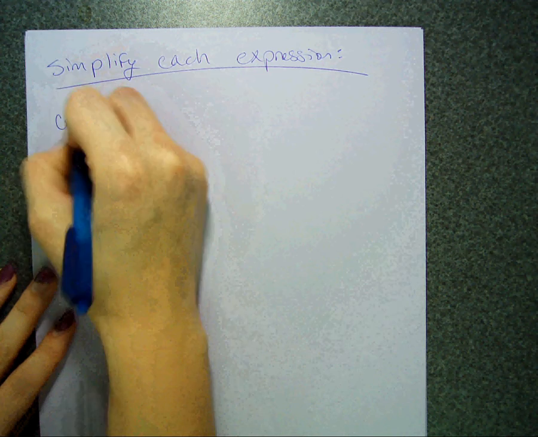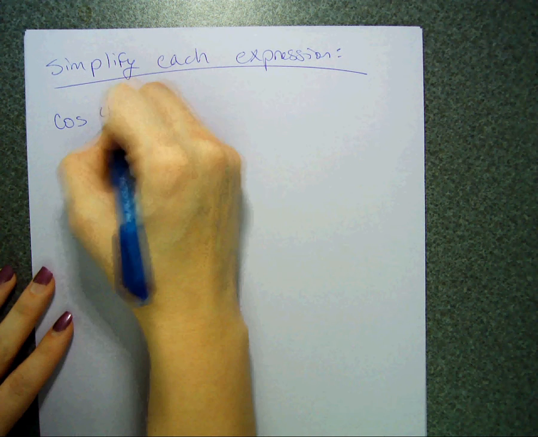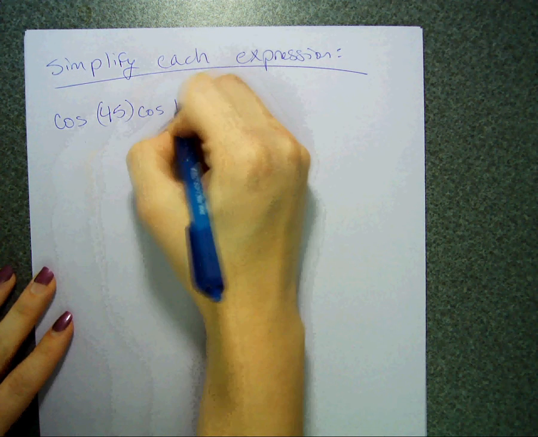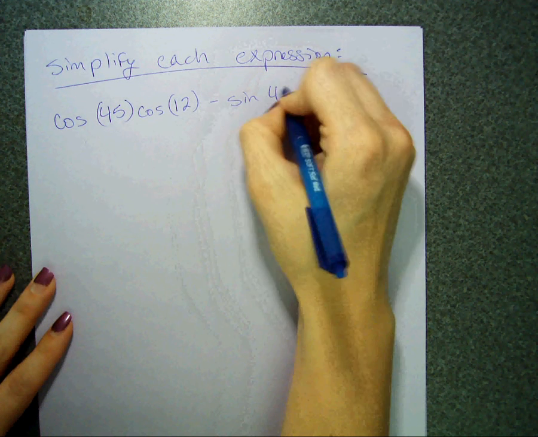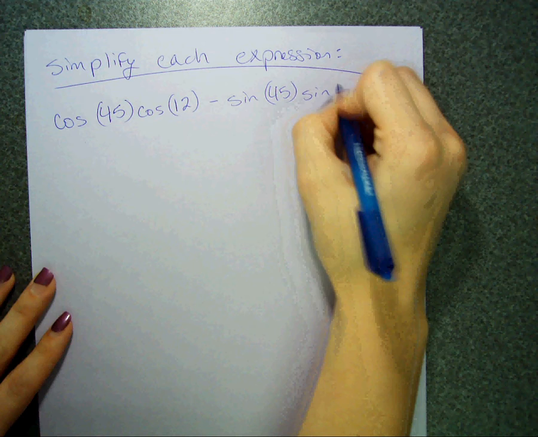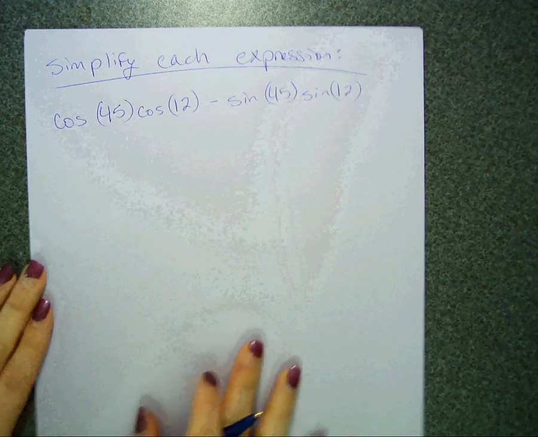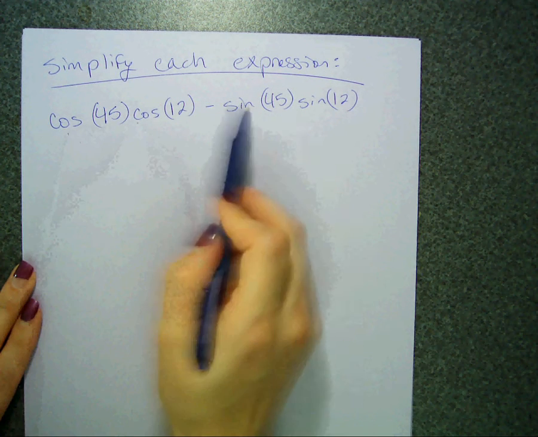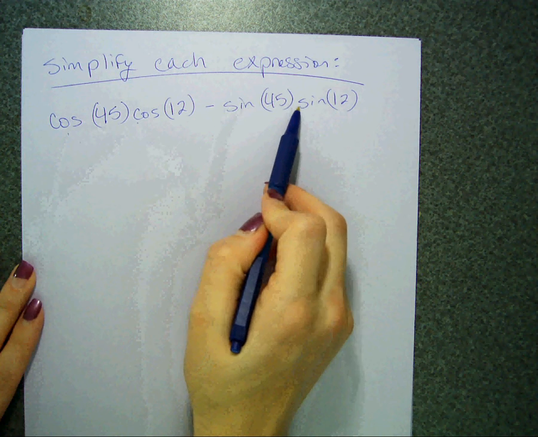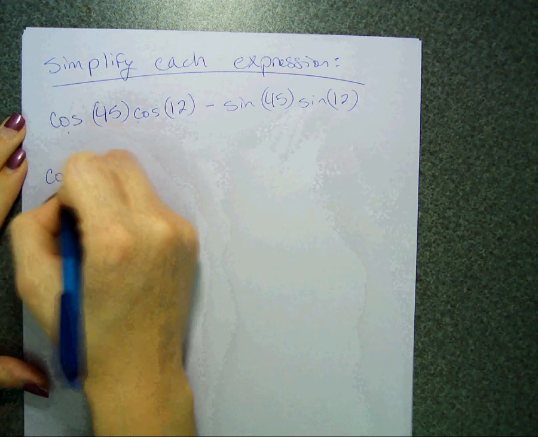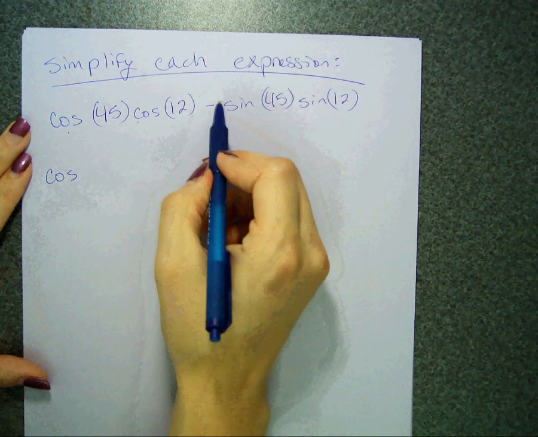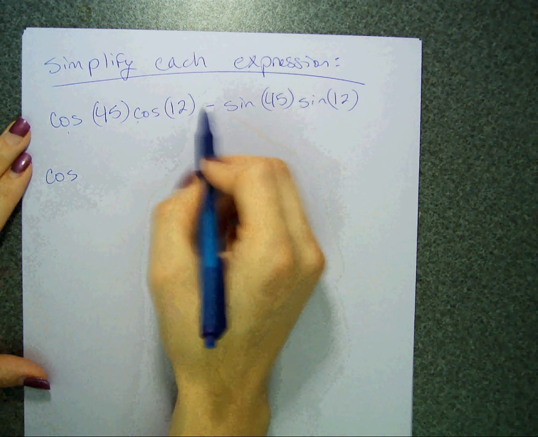Okay, so let's say that I have cosine of 45, cosine of 12, minus sine of 45, sine of 12. So I have cosine, cosine, sine, sine. So automatically I should think, okay, cosine is being used. I have subtraction in the middle.